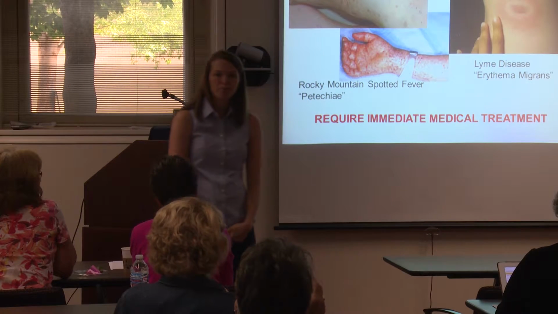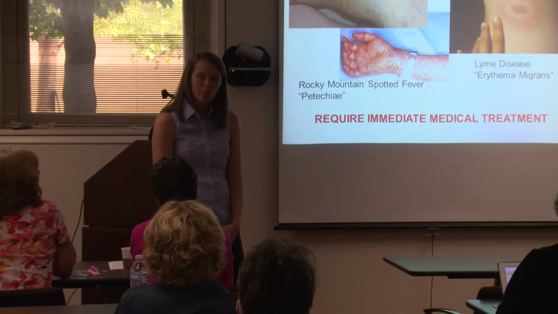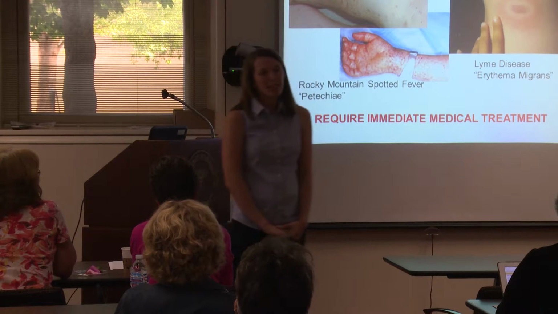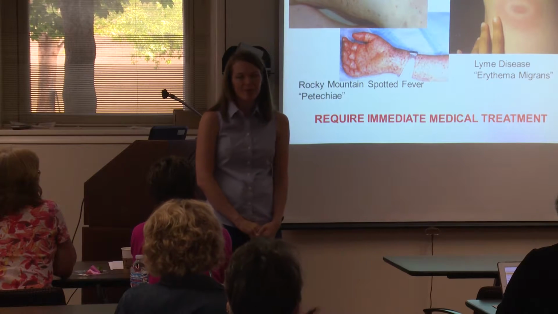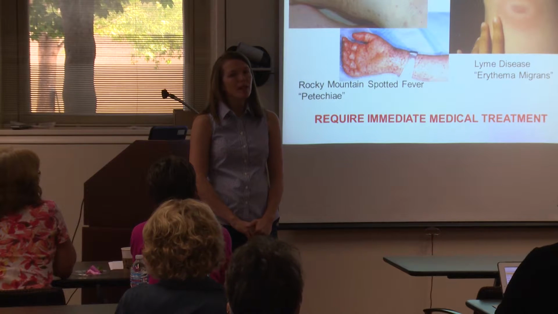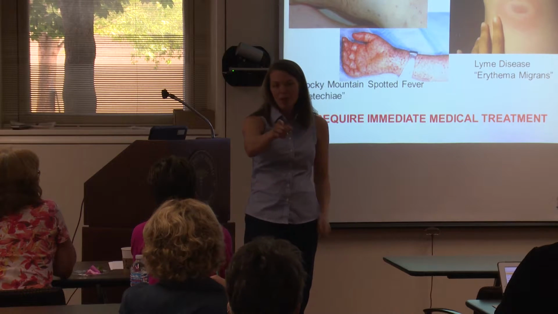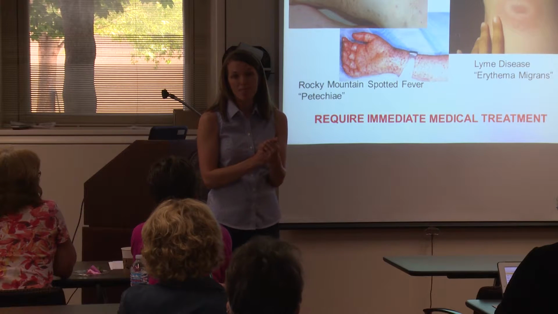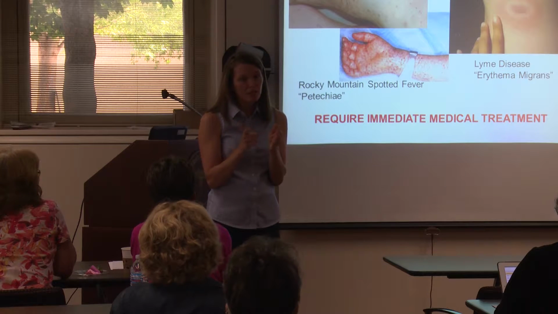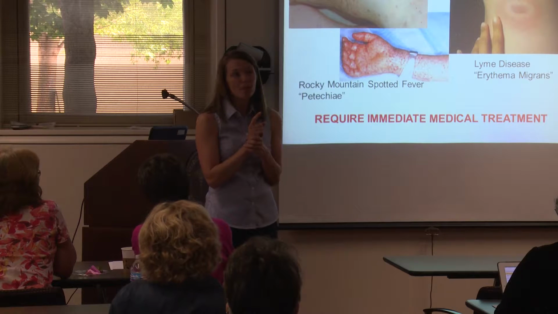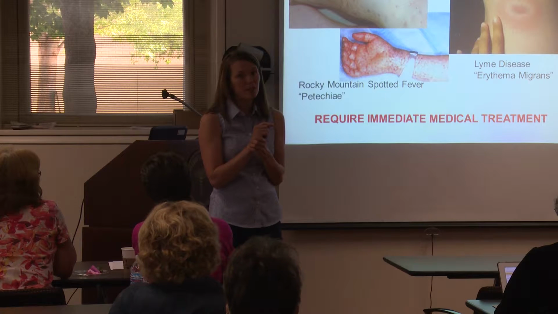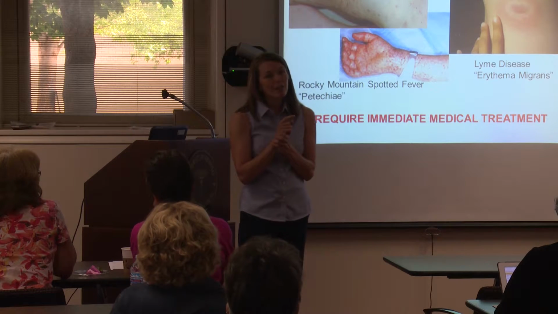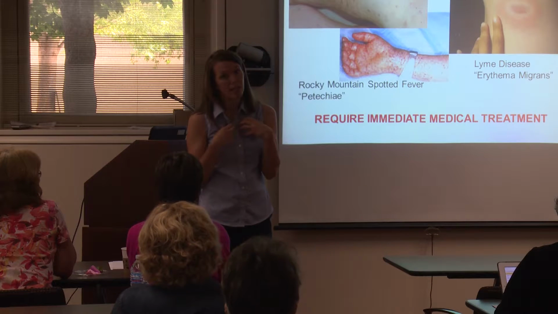Doc, usually when we see petechiae, it's with pertussis, when they cough really hard or they vomit. Right, right. And I'm glad you brought that up, because that's my only exception to the rule, when it's due to direct trauma. Just because it's due to direct trauma does not mean they don't have low platelets. So if you see it, I still want to see that kid.